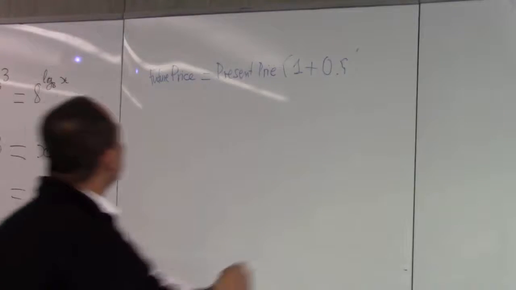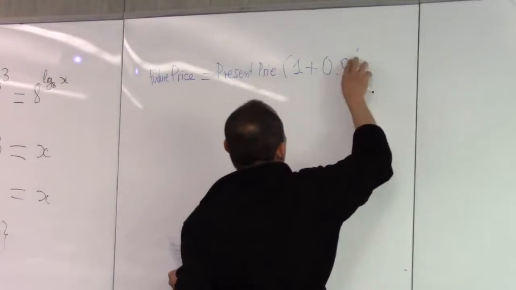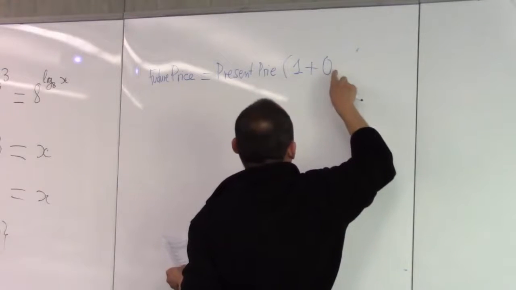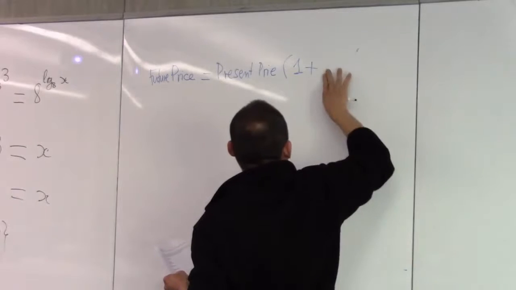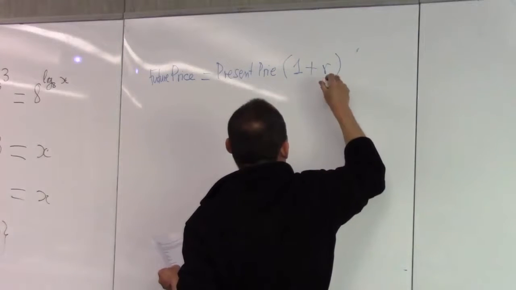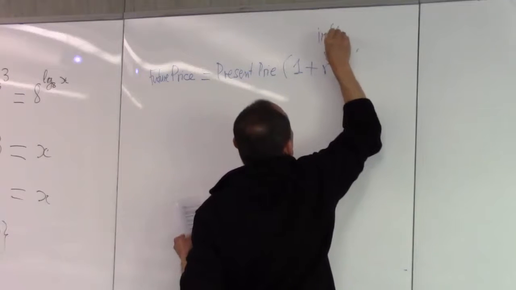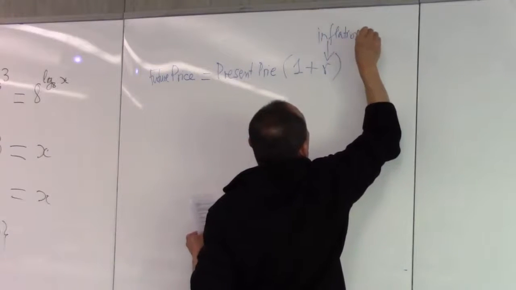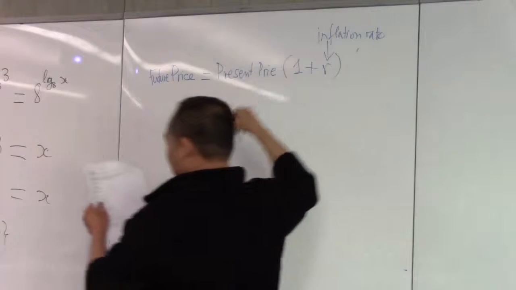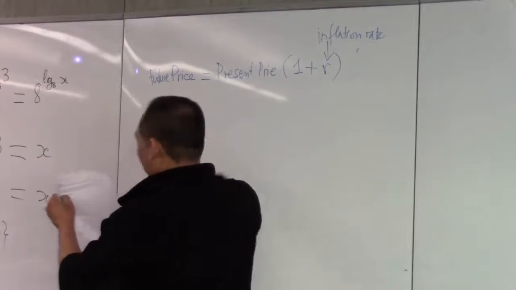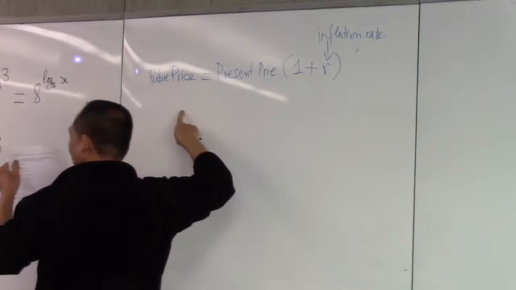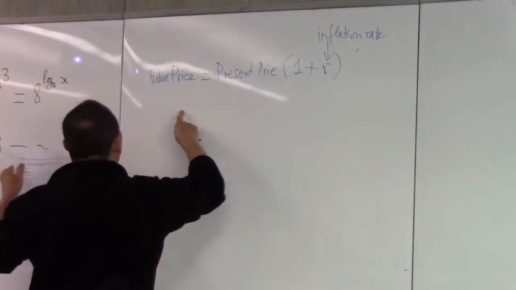Okay, so future price equals present price times 1 plus R, where R is the inflation rate. And here they said, the future price, how long will it take for the price to double?